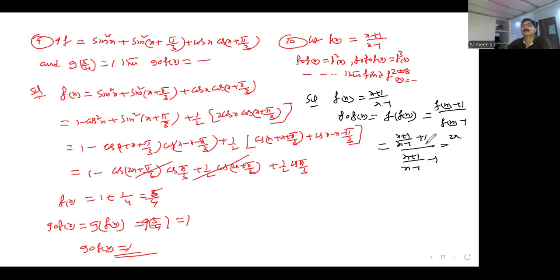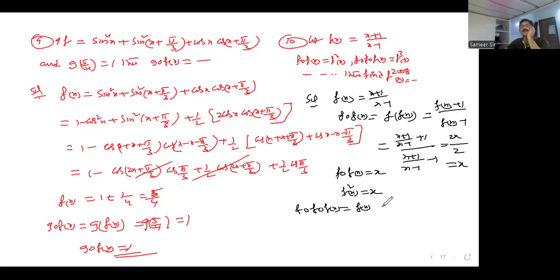So 2x by 2, that means x you are getting. You got it as x. This is nothing but f square of x is equal to x you are getting.